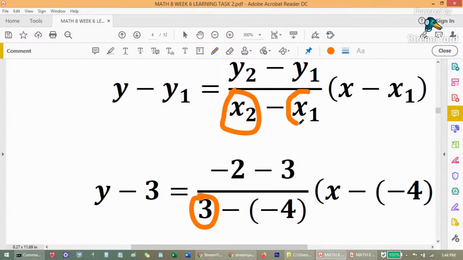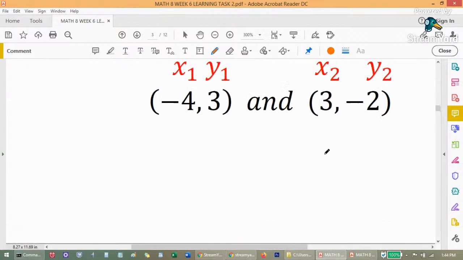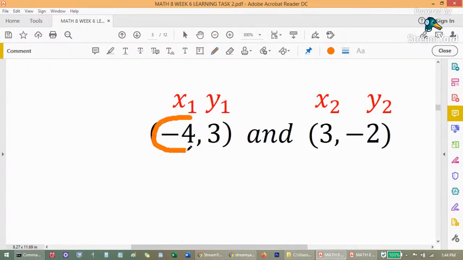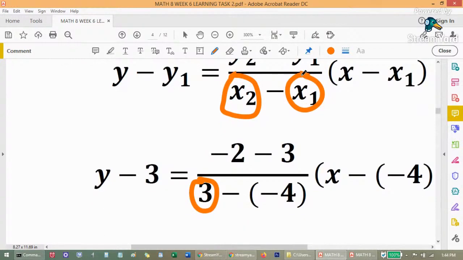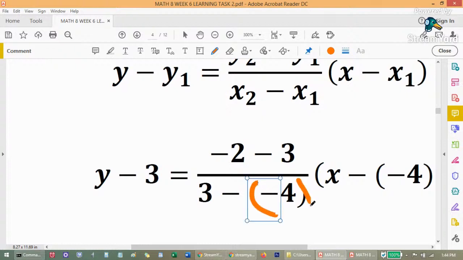and then tong x sub 1, gagawin nating negative 4. Okay, so since negative yung 4, naglalagay tayo ng parenthesis. And then ano ng negative 4. Pag hindi tayo naglagay ng parenthesis, ay magiging minus.